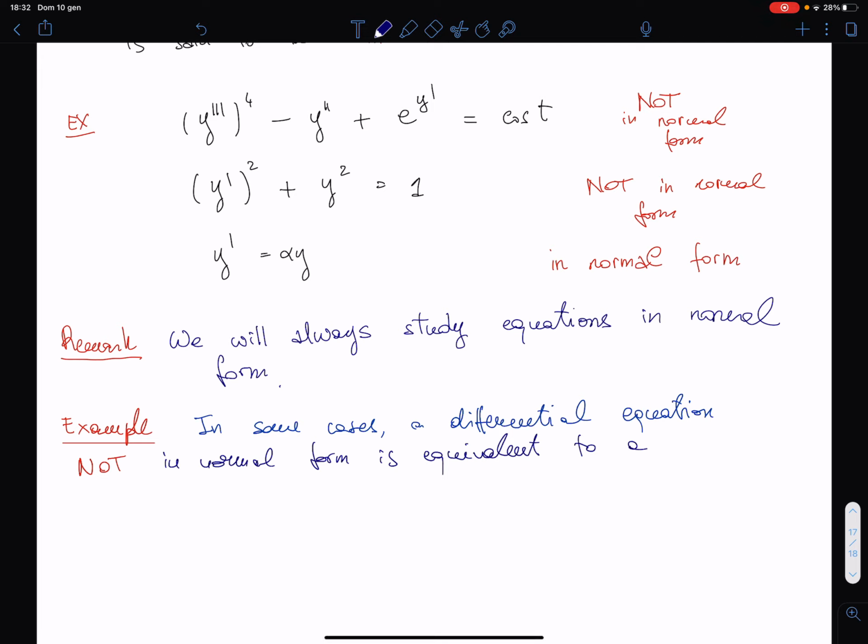Not a system, it's only a set. So it can give rise to different differential equations. I will explain it by an example. A set of more than one differential equation in normal form.